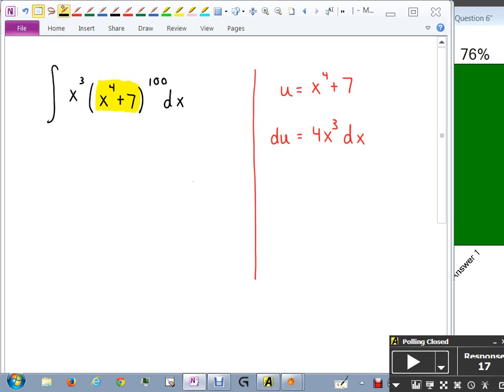I'm going to rearrange the integral only to help people see this. We have (x^4 + 7)^100 times x cubed dx. I'm doing that to focus your attention on the x cubed dx appearing right here. If I can just isolate it over there, I should multiply both sides by 1/4.